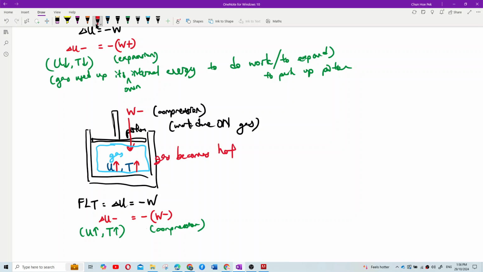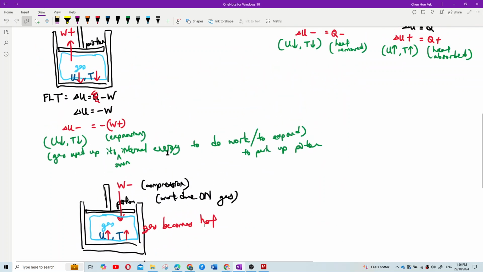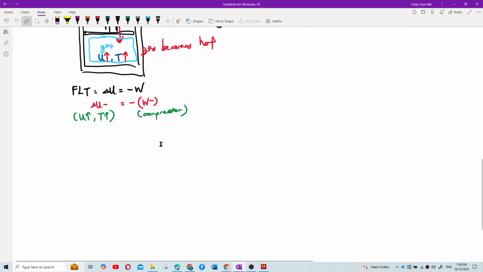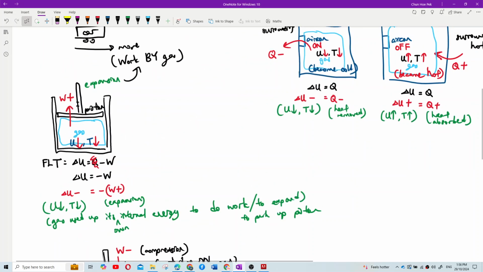Because the internal energy increases, temperature increases. Tapi kalau dia expansion, gas buat kerja. Kalau gas buat kerja, dia hilang tenaga. So this one, the gas become colder. Like that lah. Okay.